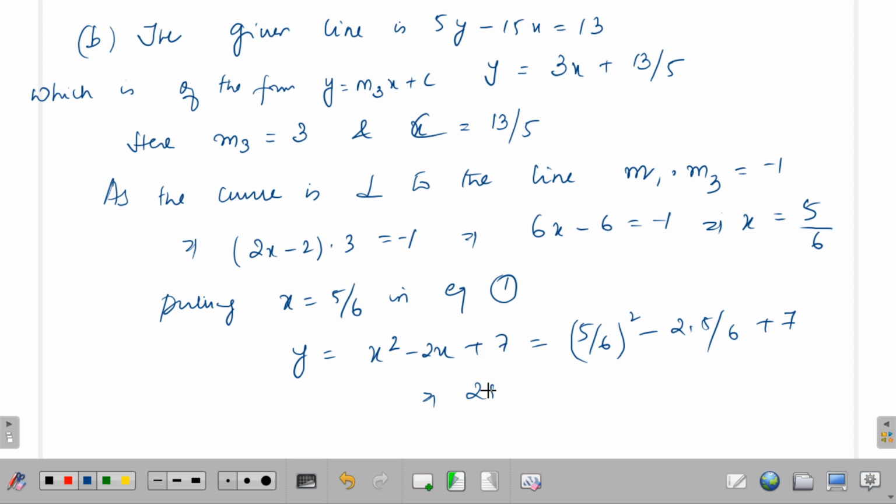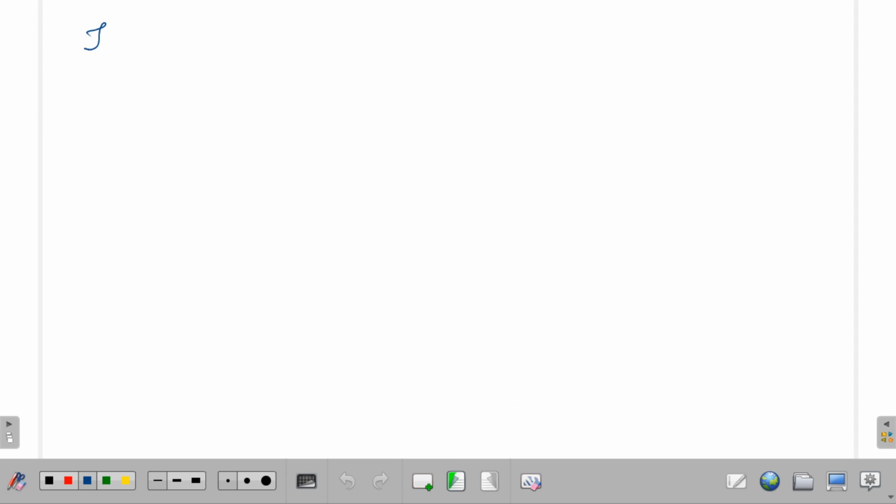That will be 25 by 36 minus 10 by 6 plus 7. If you simplify, you should get the answer 217 divided by 36. So that is what I got. So the critical point is 5 by 6 comma 217 divided by 36.